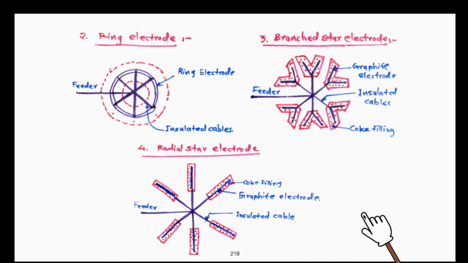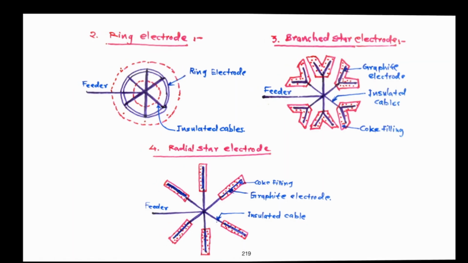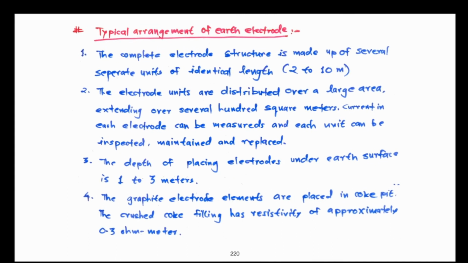So let us now move ahead and check with the basic description of this electrode construction. Okay. So quickly we'll go through this. First and foremost, complete electrode structure is made up of several separate units, right?